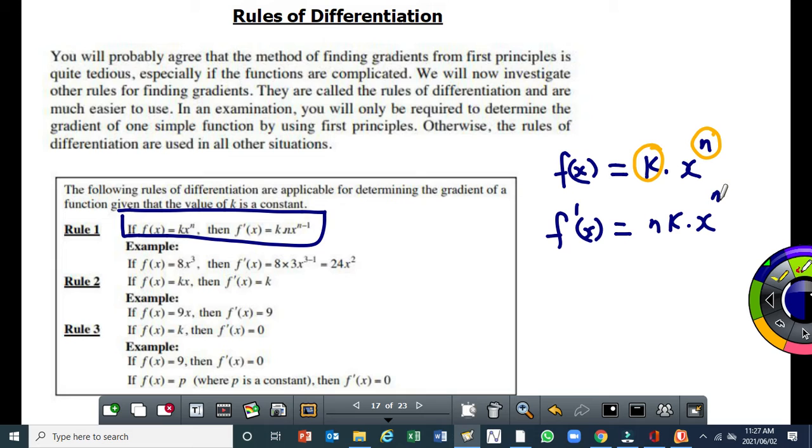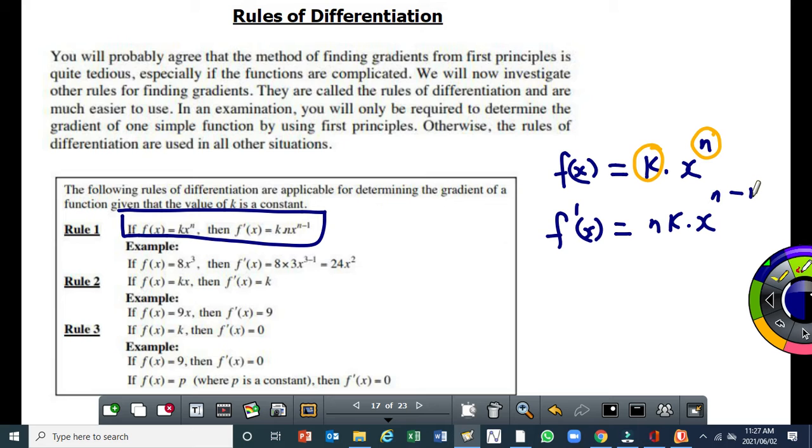Now you have to subtract 1 from this n here, and then you get your derivative. So the derivative of k times x to the power of n is going to be n times k times x to the power of n minus 1. That's the general rule, which in this case is the first rule.